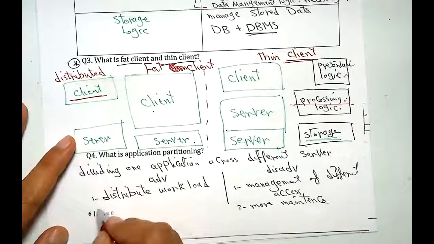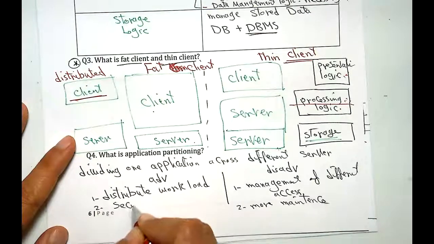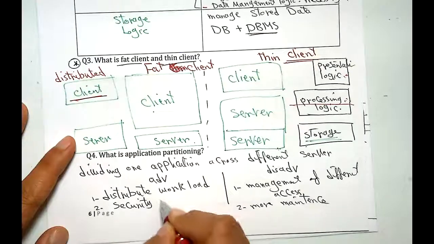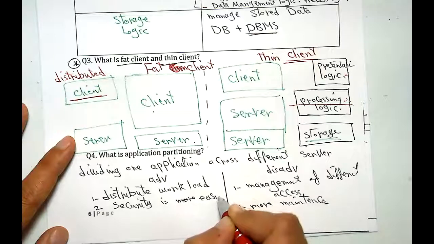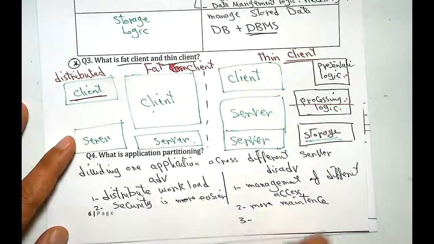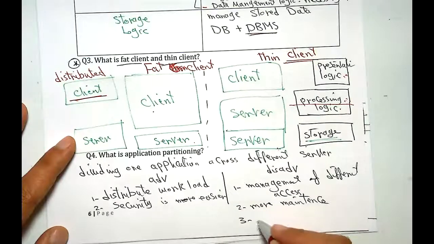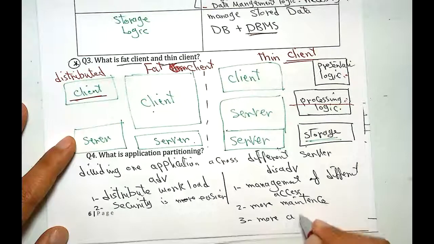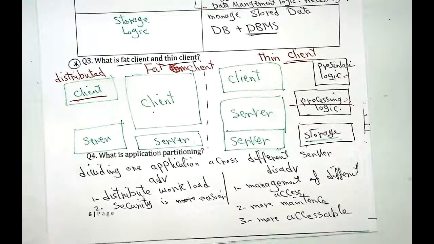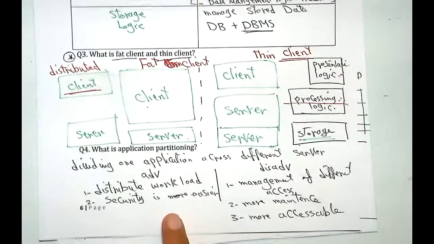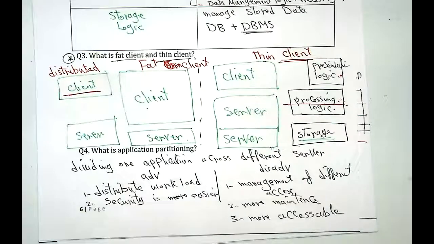So maybe here we can say security is easier with one server, and the system will be more accessible because I have it distributed across many servers. Okay. This is application partitioning.